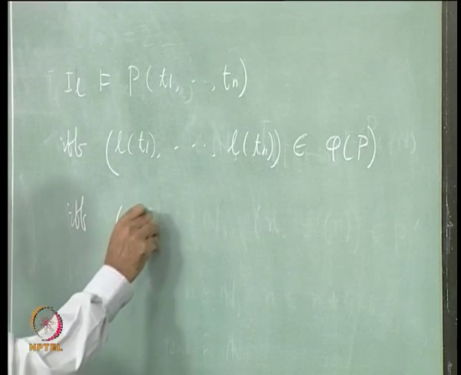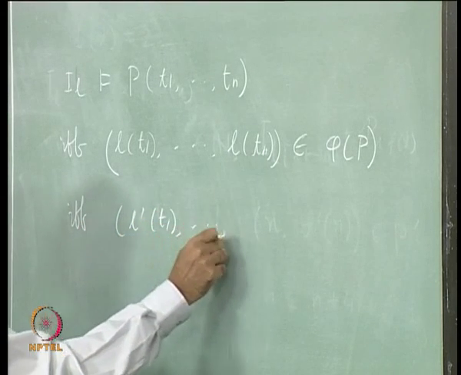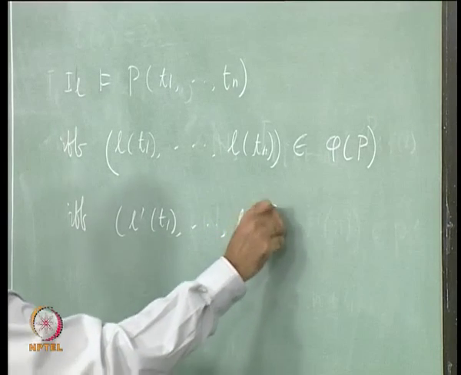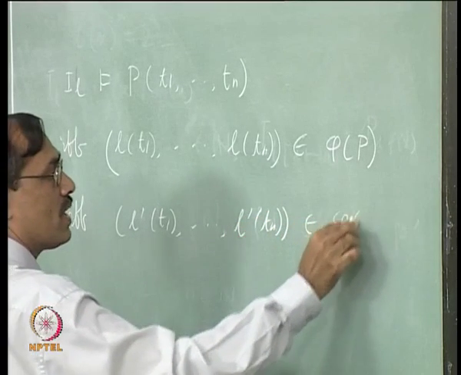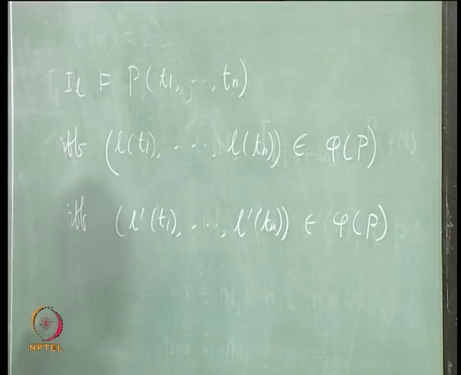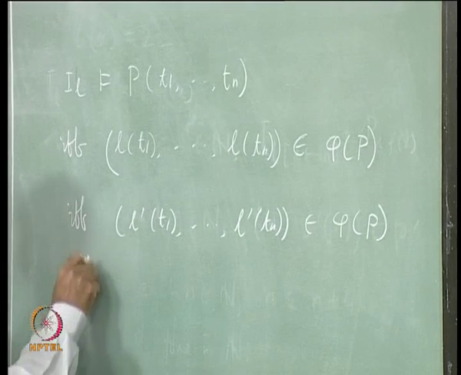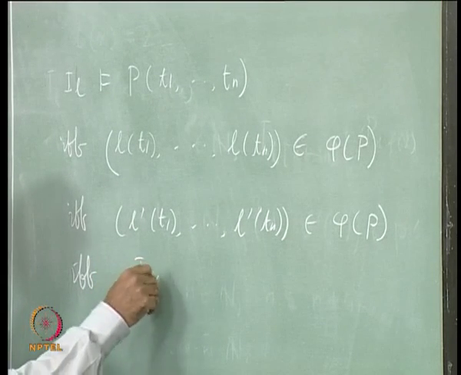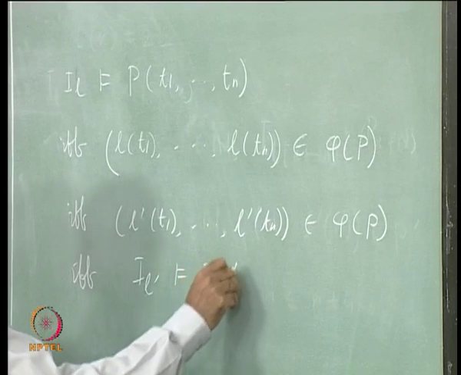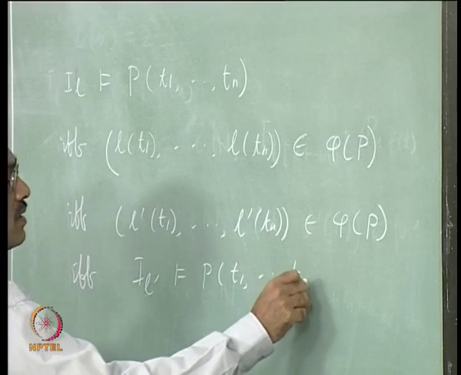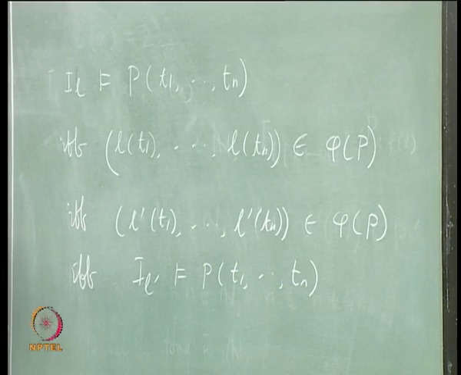So, you just go to L prime of T1, L prime of Tn belongs to phi of P, and that is exactly what we wanted: I L prime satisfies P of T1 to Tn. Is that clear? So, the basic step is clear.